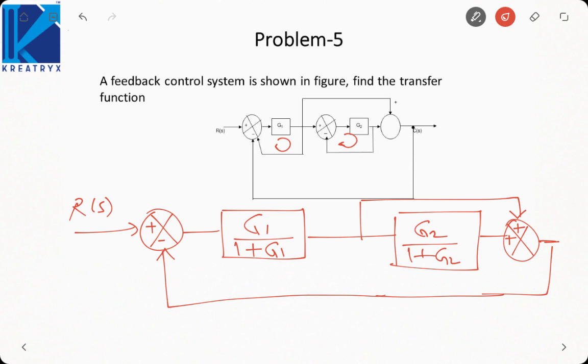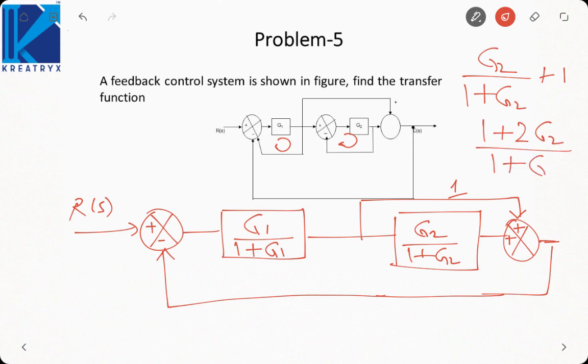Okay. Now if you see, the gain of this path is 1 and the other is G2 over 1 plus G2. That means they both are in parallel. So it would be G2 over 1 plus G2 plus 1, so it would be 1 plus 2G2 over 1 plus G2.